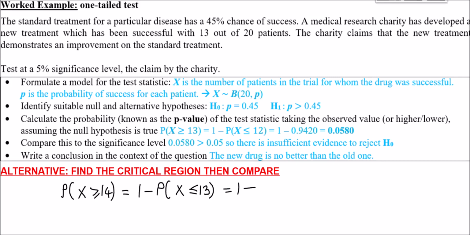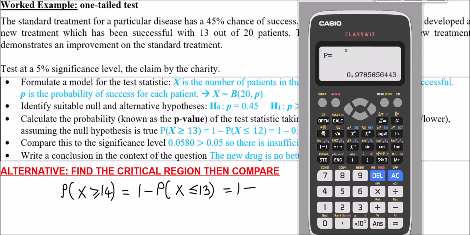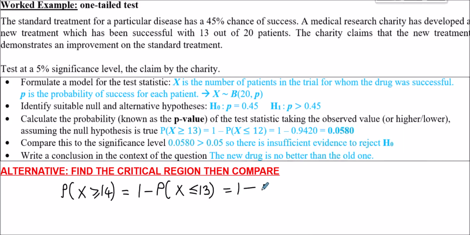So using the ClassWiz, the probability of x being up to and including 13 is 0.9786. And so that's going to be 0.0214, and that is the first value which is less than 5%.